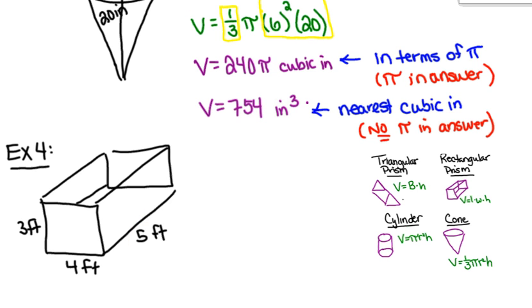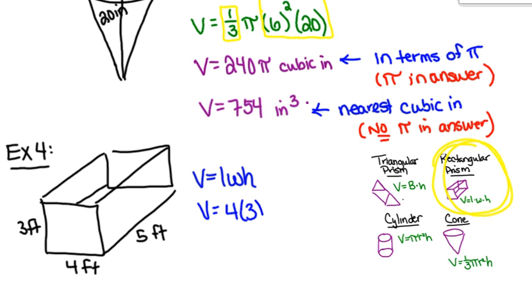So when I look at my little cheat sheet over here, here's my rectangular prism. Volume is equal to length times width times height. And this is the one that you've been doing since elementary school.